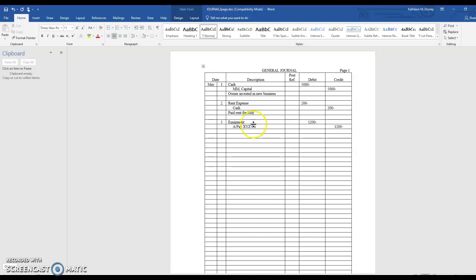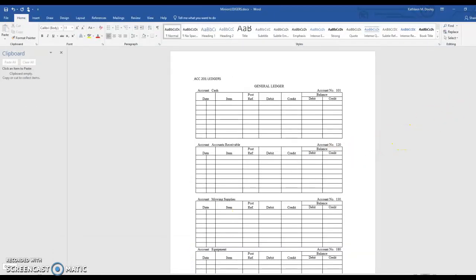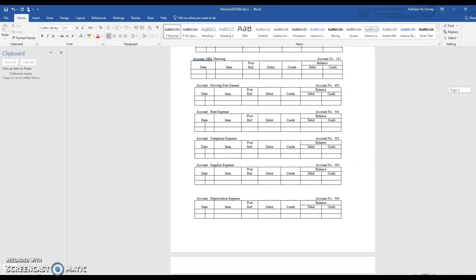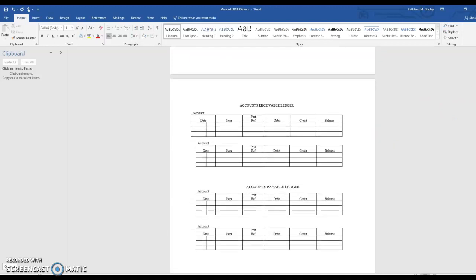But when you have an accounts payable subsidiary ledger or an accounts receivable subsidiary ledger, you're going to need to post that part, the XYZ part, right away. So here's my ledger. There's the general ledger, and I have an accounts receivable ledger and an accounts payable ledger.